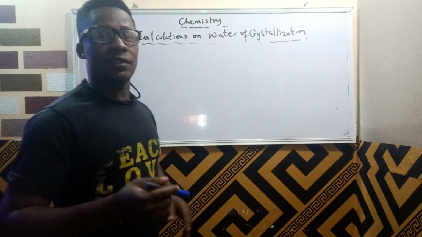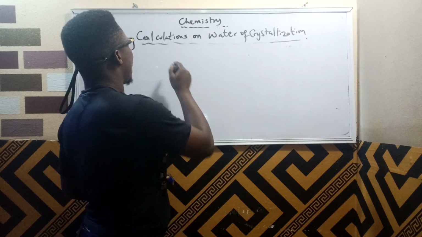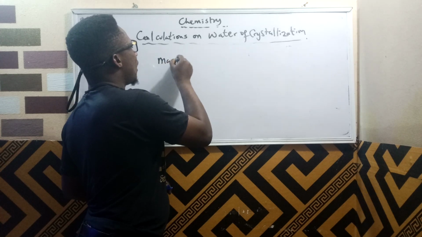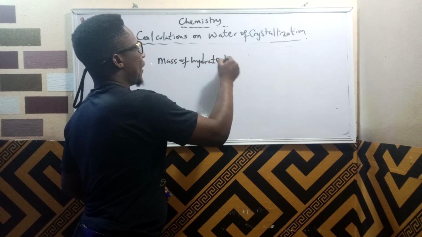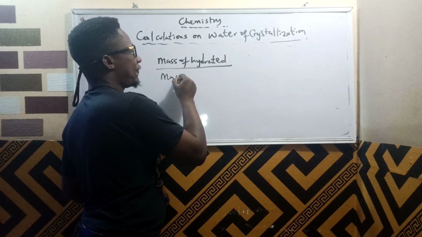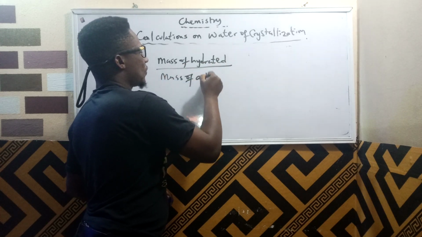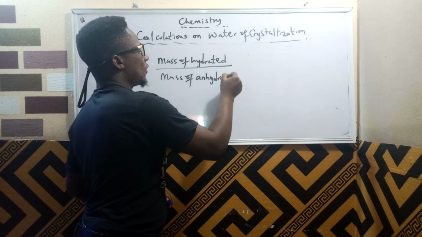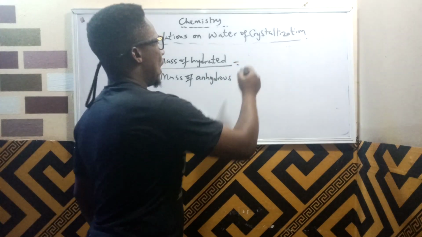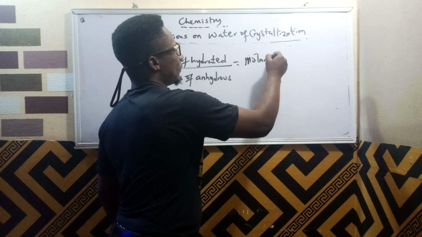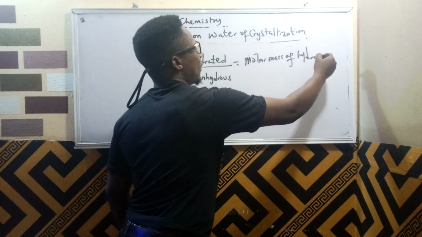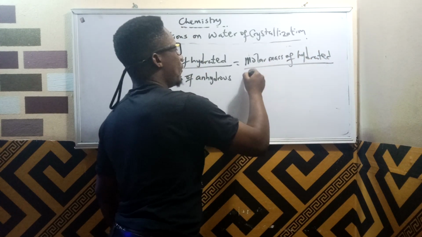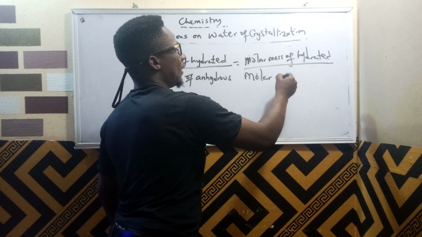To calculate water of crystallization, we can have mass of hydrated over mass of anhydrous is equal to molar mass of hydrated over molar mass of anhydrous.